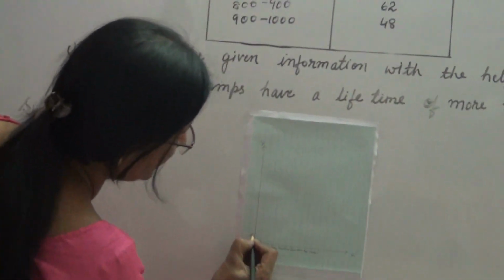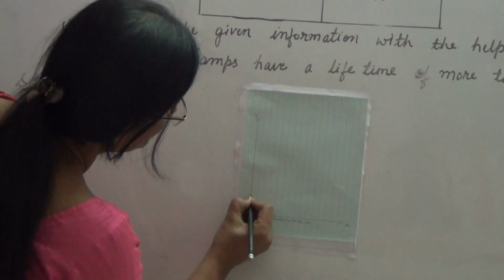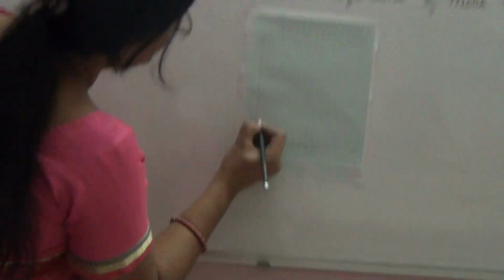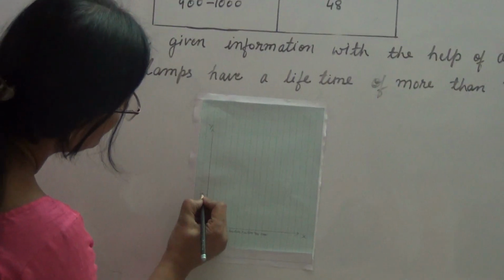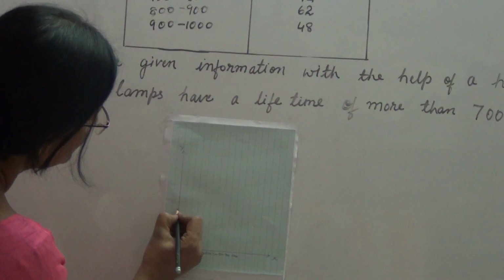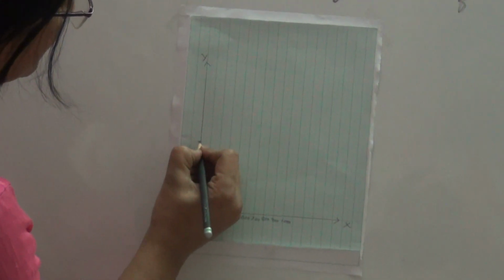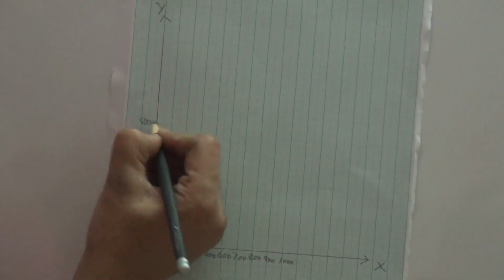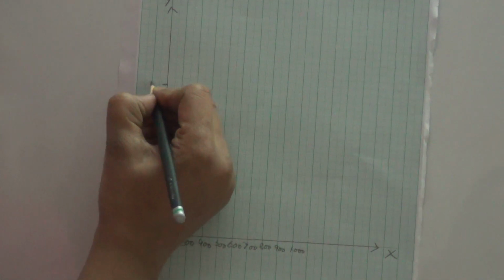We start here: 10, 20, 30, 40, 50, 60, 70, 80, 90 and 100.